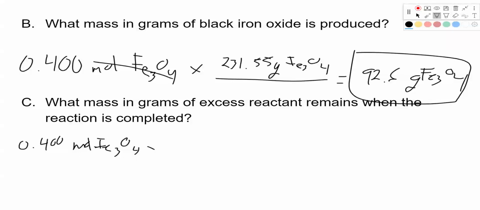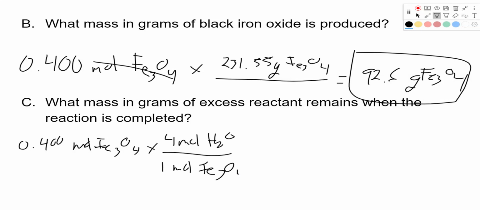So we got to go back to that mole ratio that we had before. 4 moles of H2O for every 1 mole of iron oxide. And then we're going to want to convert that to grams.